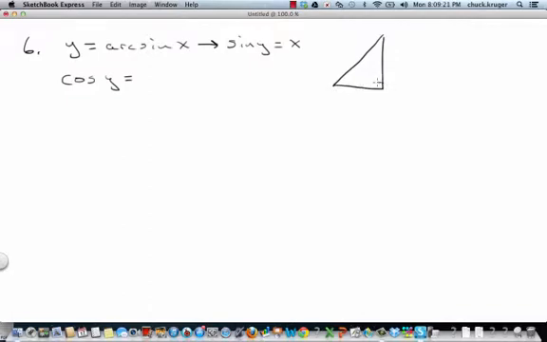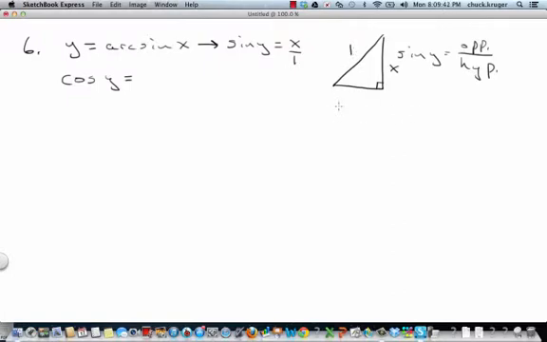Well, sine of x, or excuse me, the sine of y is the same as opposite over hypotenuse. Well, this is the same as x over 1, so x is my side opposite and 1 is my hypotenuse.